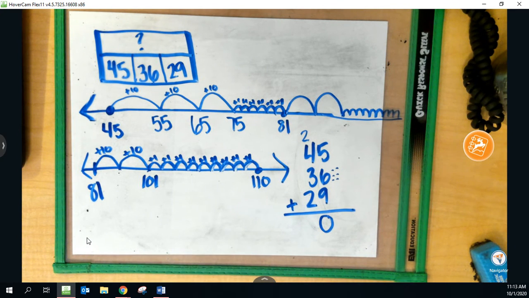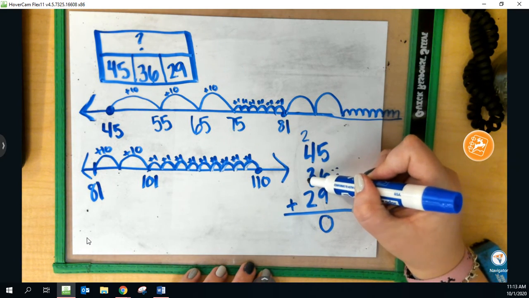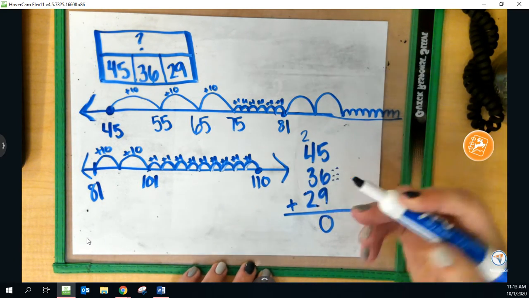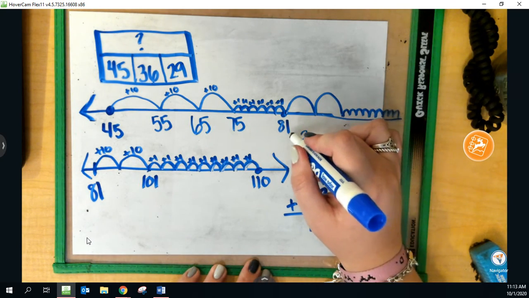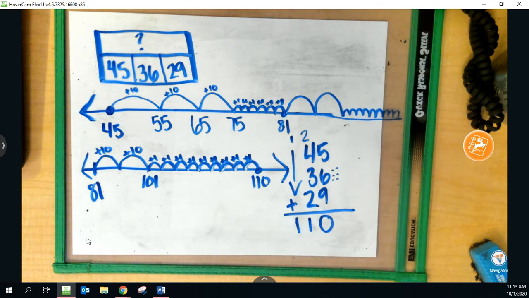So we carry the 2 into the tens place. Okay? And then we have 4, 5, 6, 7, 8, 9, 10, 11. 1, carry the 1. There's nothing there, so I just drop it down.